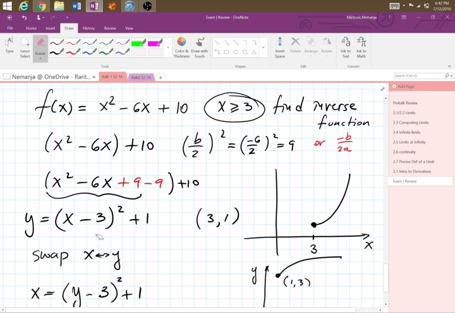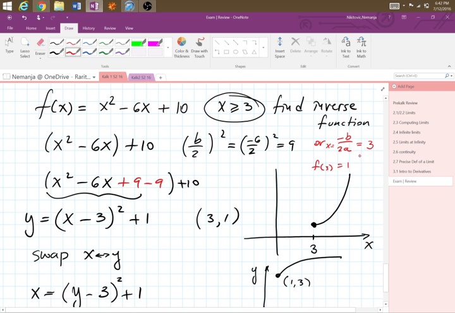And compute 3 in this, you will get 1. So this will give you 3, and then you go f of 3, which is 9 minus 18 plus 10. 9 minus 18, right, is negative 9, plus 10 is positive 1.